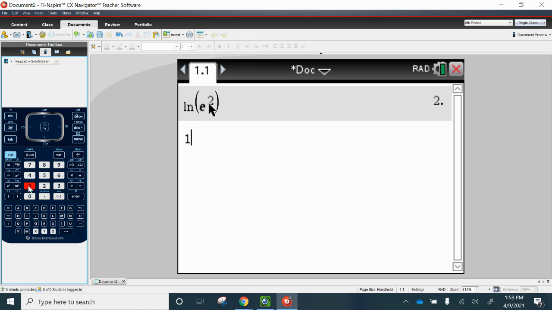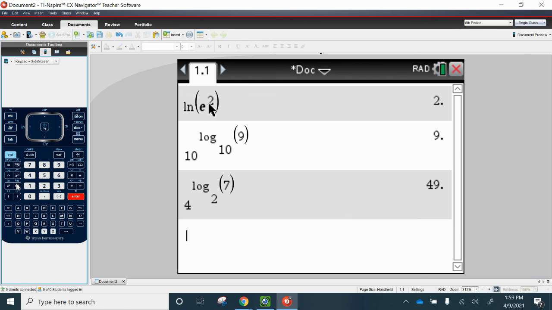And then 10 up key, control log, and again base 10 of 9 equals 9. And then let's go ahead and, while we're here, put the last question in. So 4 up key control log base 10. Oh, I'm sorry, log base 2 of 7, which is 49.